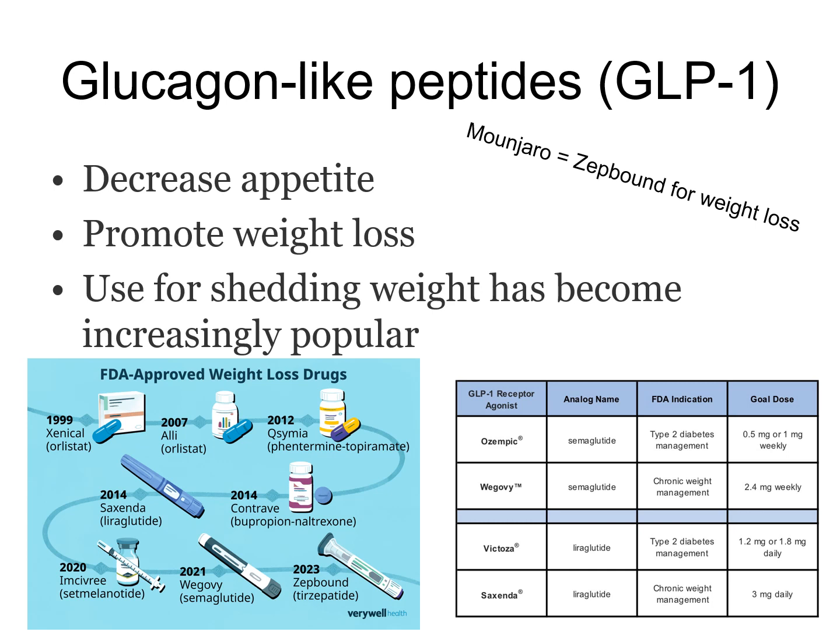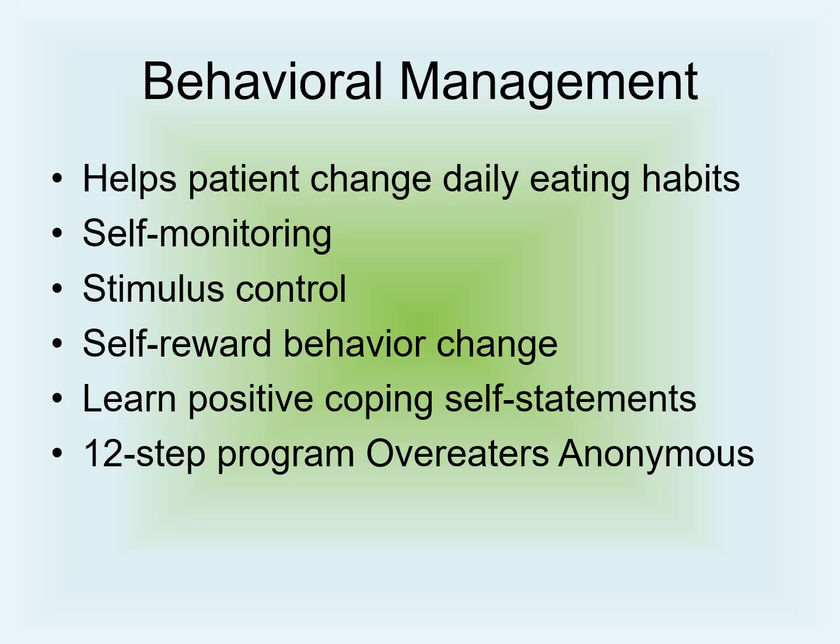It decreases appetite, promotes weight loss, and it's used for shedding weight, and it has become increasingly popular. And I have an FDA-approved weight loss drug there. It's like a little timeline from Xenical in 1999, and we are up to Mounjaro these days. So that is where we have been, and that's where we've come.